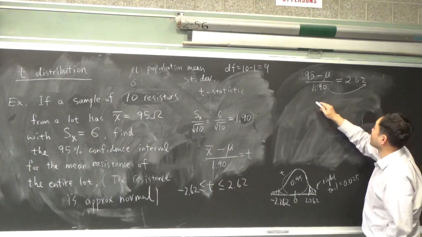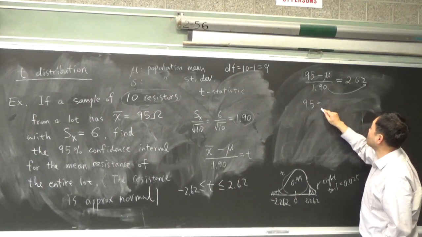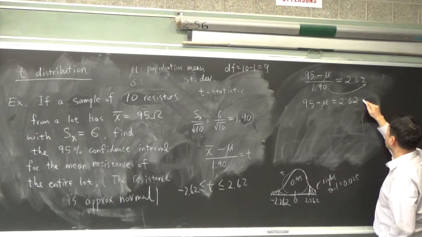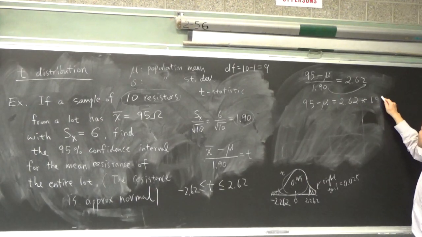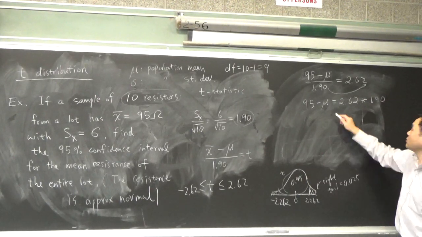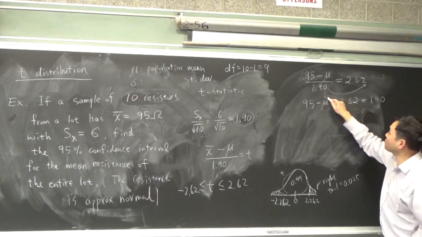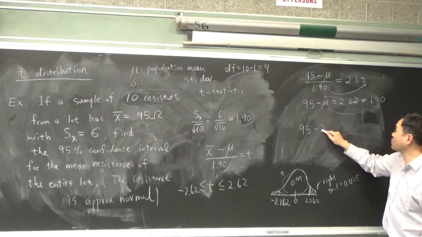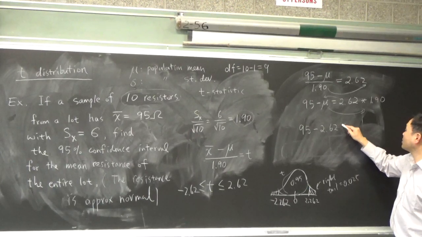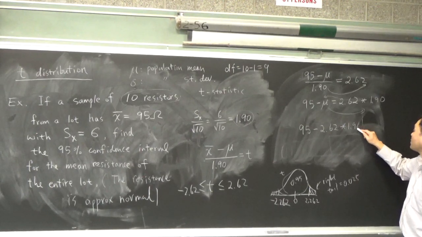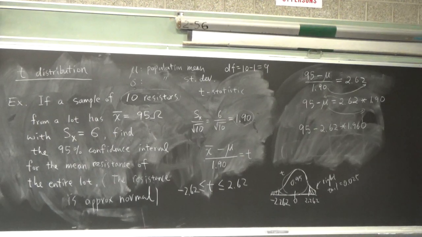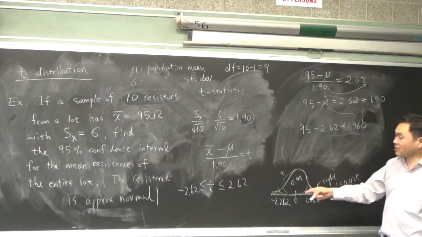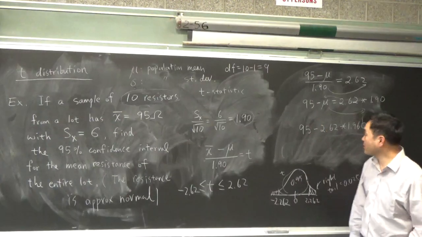Multiply this to the other side and you get 95 minus mu equals 2.62 times 1.90. And you move this over here and that over there, so you get 95 minus 2.62 times 1.90. So when mu is this value, it attains the maximum.